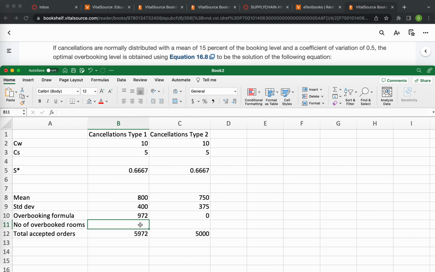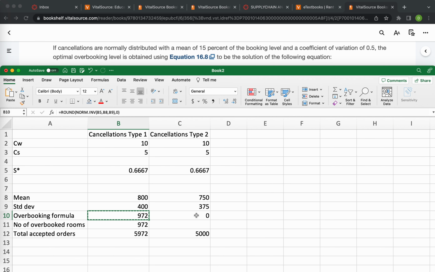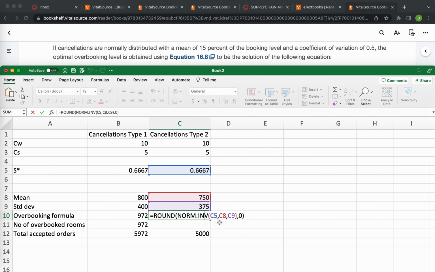So in this case, I'm just going to say it's repeating the same number. So it'll be 5,000 plus that. Even in this case, it's going to be 5,000 plus that. Now again here I'm going to write the same formula: the normal inverse of the normal distribution with the mean of this and standard deviation of that, right?